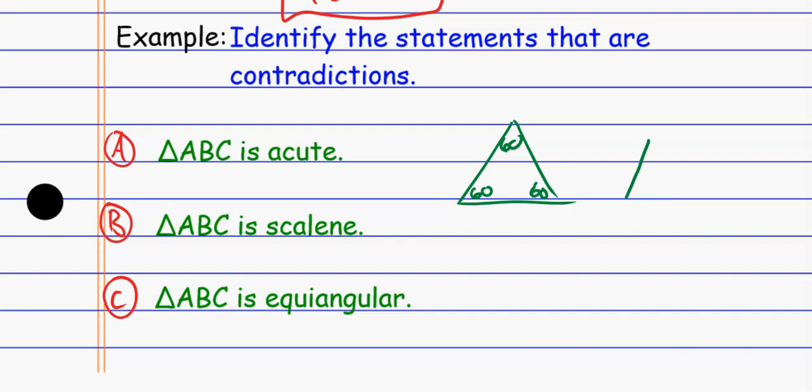I'll make this angle a little bit bigger, and I'll make this one a little bit smaller. Okay, so maybe this one is a 50-degree angle, and maybe this one's a 40-degree angle, and now this one's a 60-degree angle. And see, those still add up to 180, so this triangle exists. It's an acute triangle, and it's scalene, all right? I drew three sides that weren't the same length, okay?